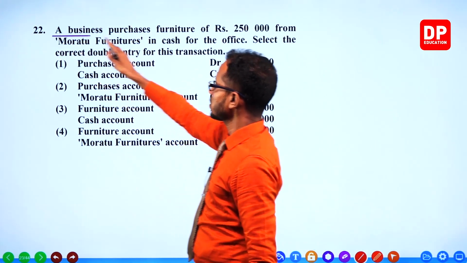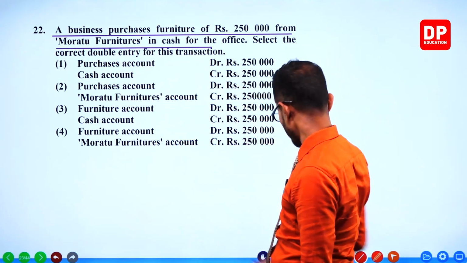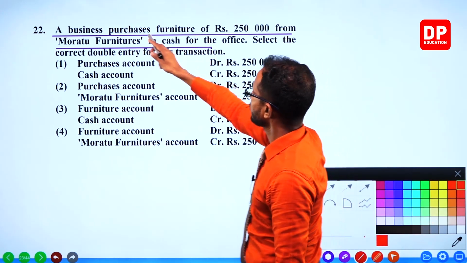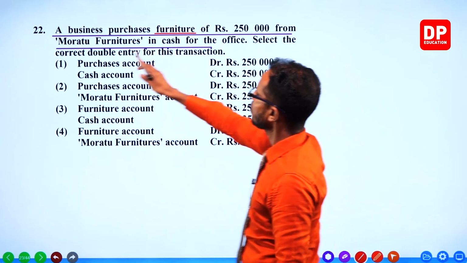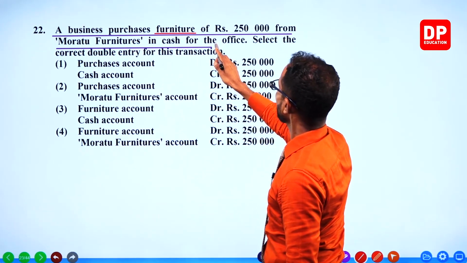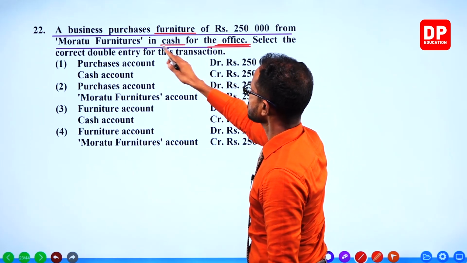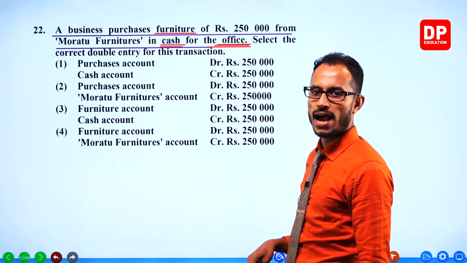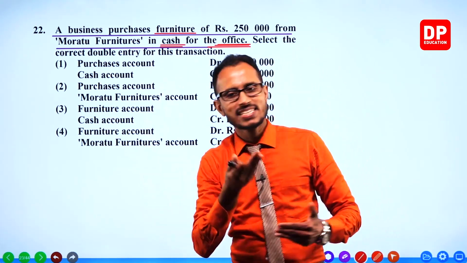So here we have to underline two main things. Furniture is purchased for office use, and for cash. Which means, guys, it's not a purchase.